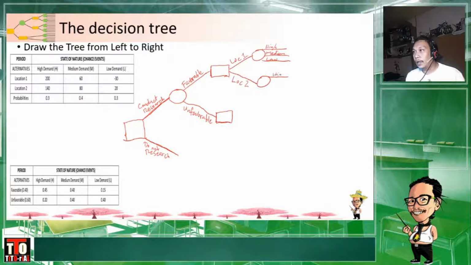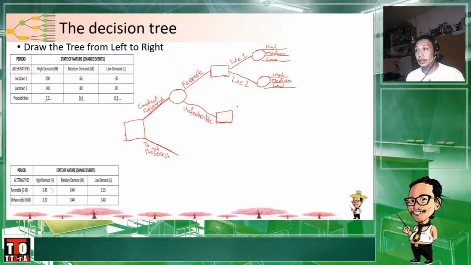Okay? Dito naman sa location 2, magkakaroon din tayo dyan. So, whether high, medium, or low demand. Now, remember guys, because of this table, aside from dun sa chance natin probabilities natin na 30, 40, and 30, depende pa rin whether favorable daw or unfavorable yung market natin.